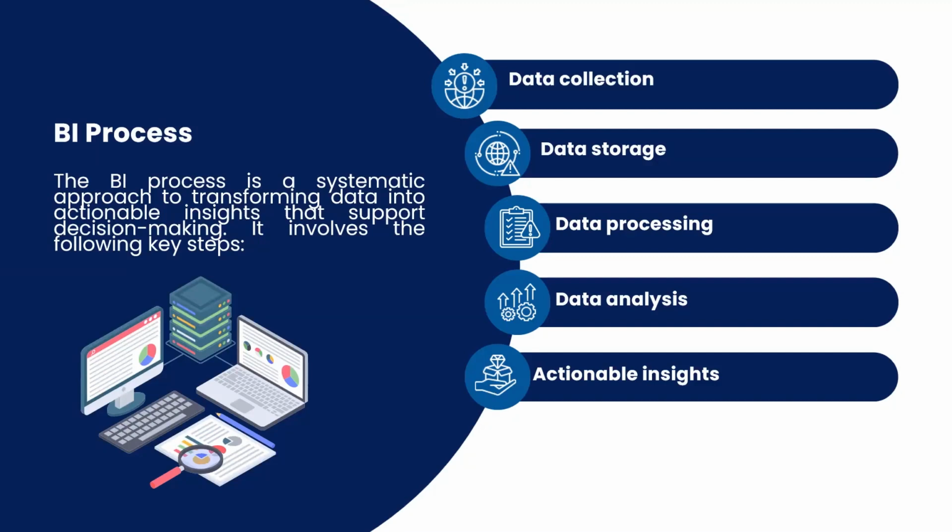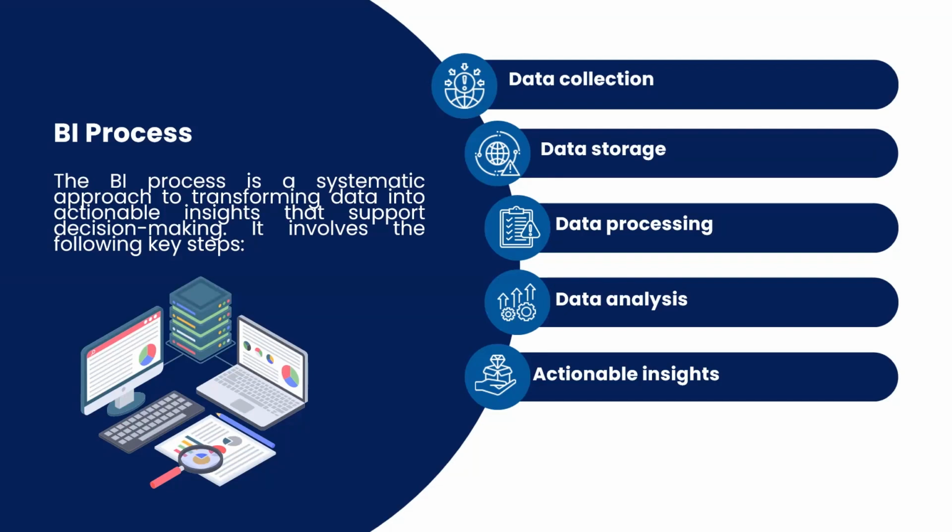Data processing may involve removing duplicate data entries, correcting errors, and converting data into a common format. Then after the data processing, the next stage is data analysis. This may involve creating reports, dashboards, and visualizations.